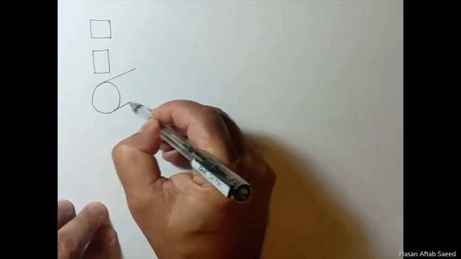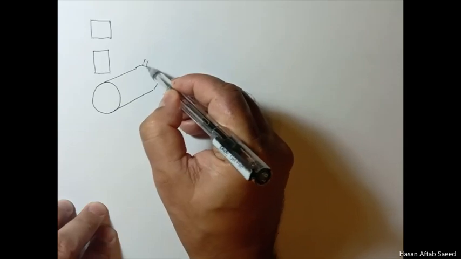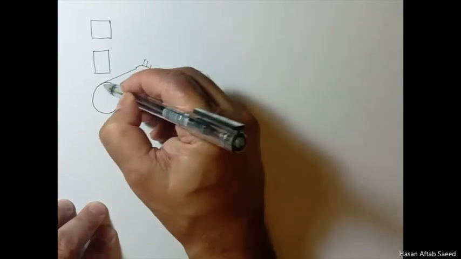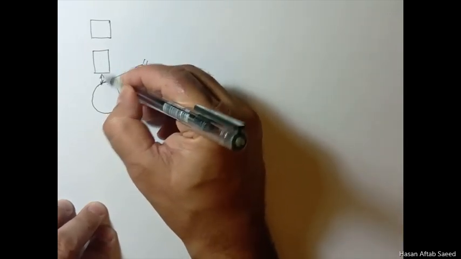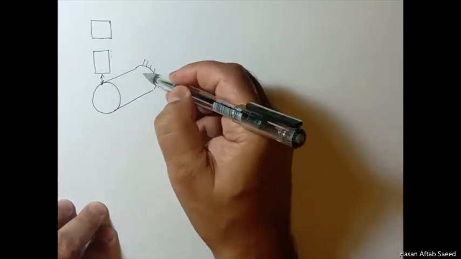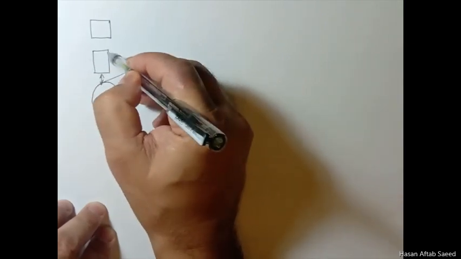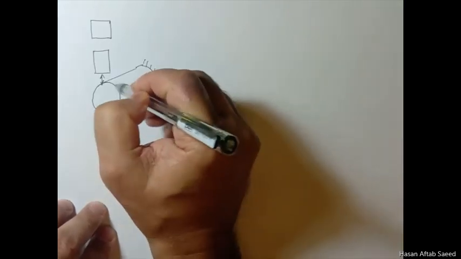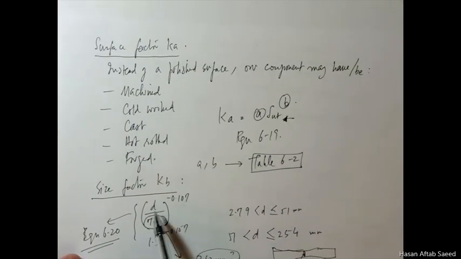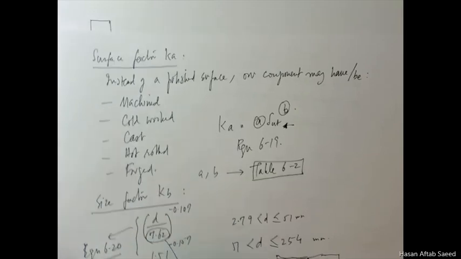For example, this kind of a situation where there's a wall and you are applying an alternating force here, so it's not rotating. So what happens if this cross section is different from circular, or even if the cross section is circular but there's no rotation involved? Because recall that here we are still talking about diameters, so we are assuming in the size factor that it will be round.